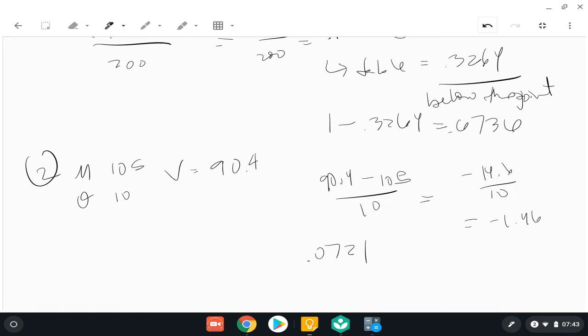That is our proportion. This is the proportion of people that are below the value in the question.